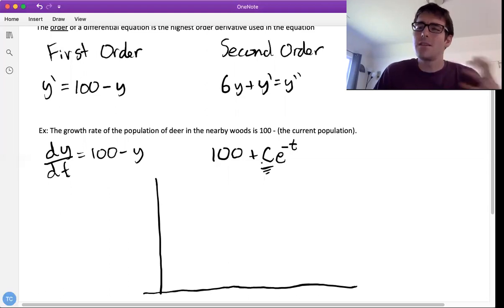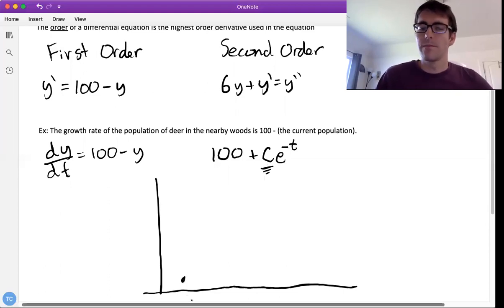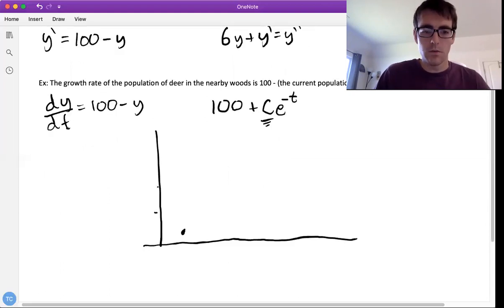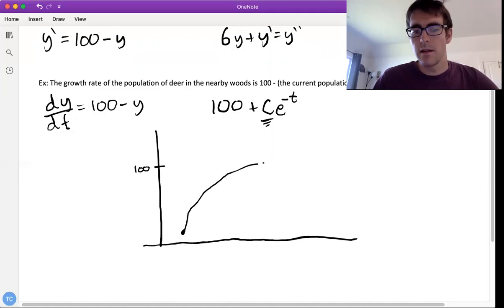So this has to do with choosing what our starting point is. If we choose a c that includes, let's say, this point, and 100 is up here, then if we plotted this function, it's 100 plus this, it's going to look something like this.